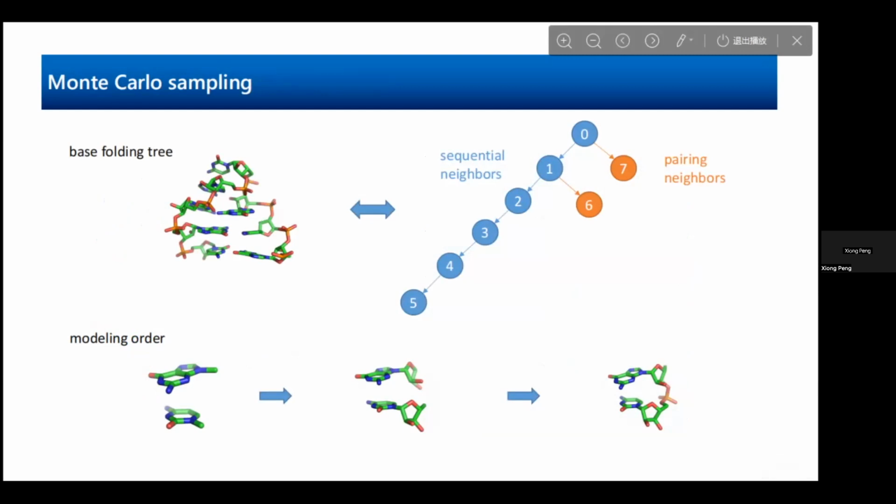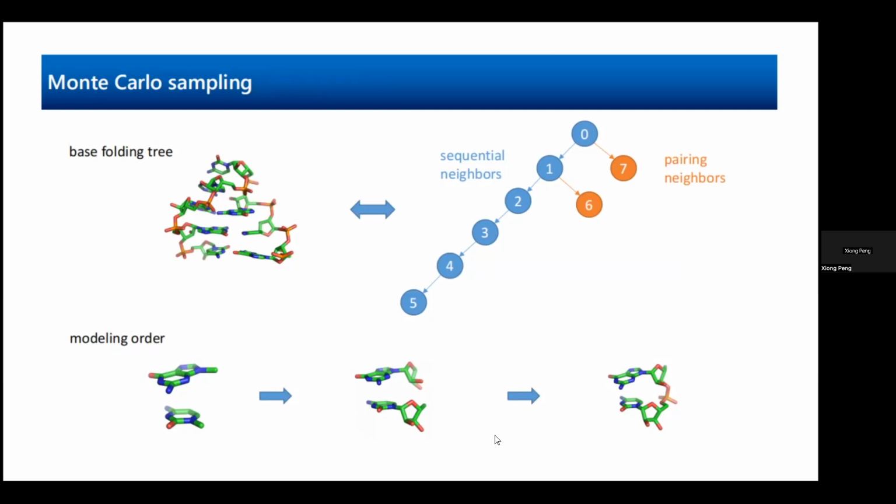We're using a Monte Carlo strategy to do the structure sampling. First, we organize the RNA structure into a folding tree. Each node of the folding tree is one base. The connection in the folding tree can be a sequential neighbor or a pairing neighbor.